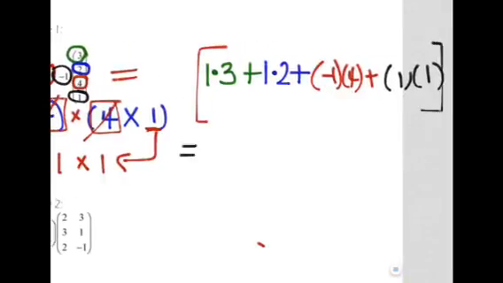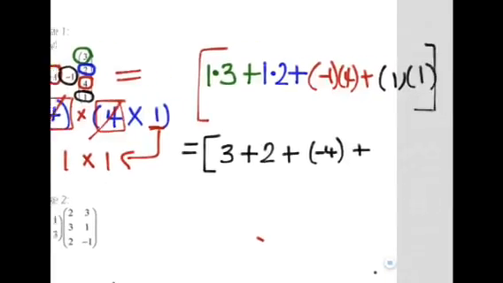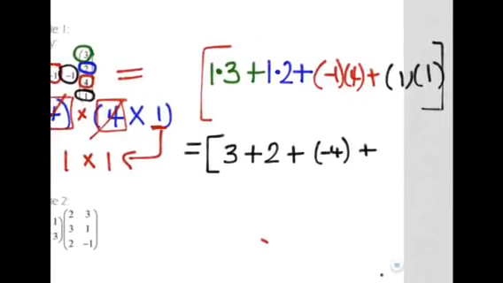And then you simplify this. 1 times 3 is 3. Plus 1 times 2 is 2. Plus -1 times 4 is -4. Plus, I think I lost the negative. This should be -1 times 1, which is -1. You end up with 3 plus 2, which is 5. 5 minus 4, which is 1. 1 plus -1 is 0.